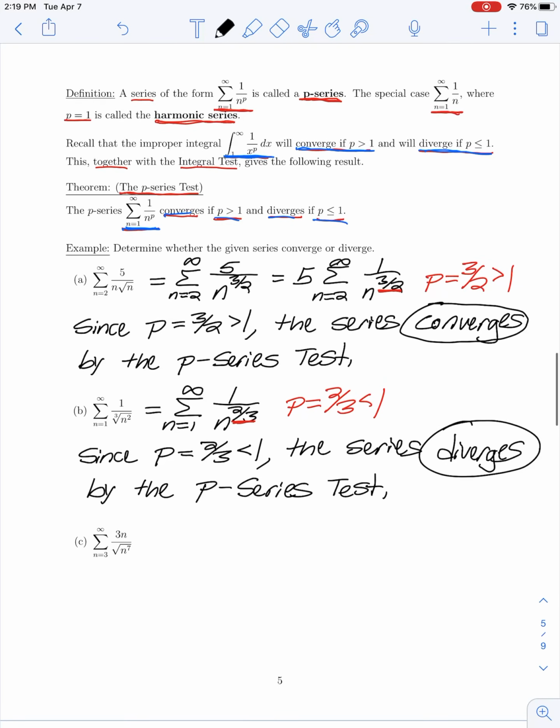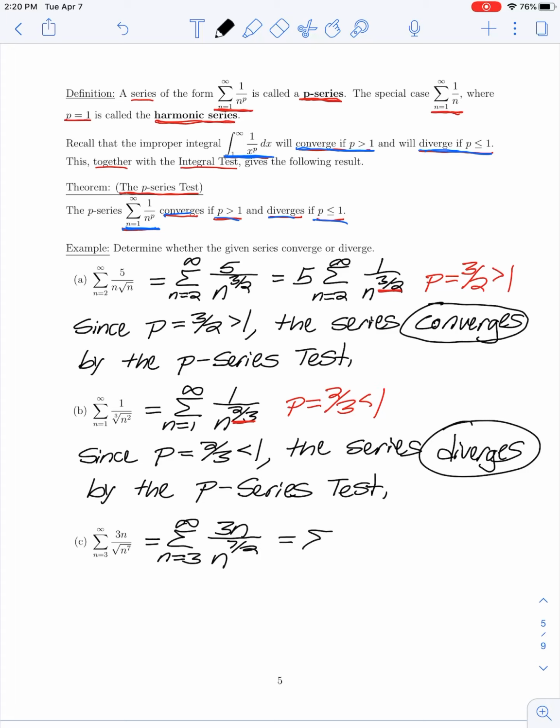So in this last part, we've got the sum from 3 to infinity of 3n over the square root of n to the 7th. Now, it may not look like a p-series at first, but if we rewrite this a little bit, we have the sum from 3 to infinity of 3n divided by the square root of n to the 7th, which is the same as n to the 7/2 power.